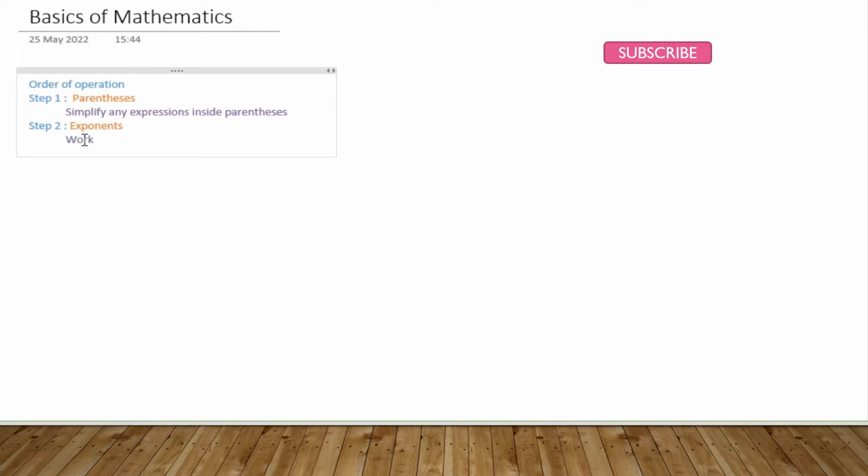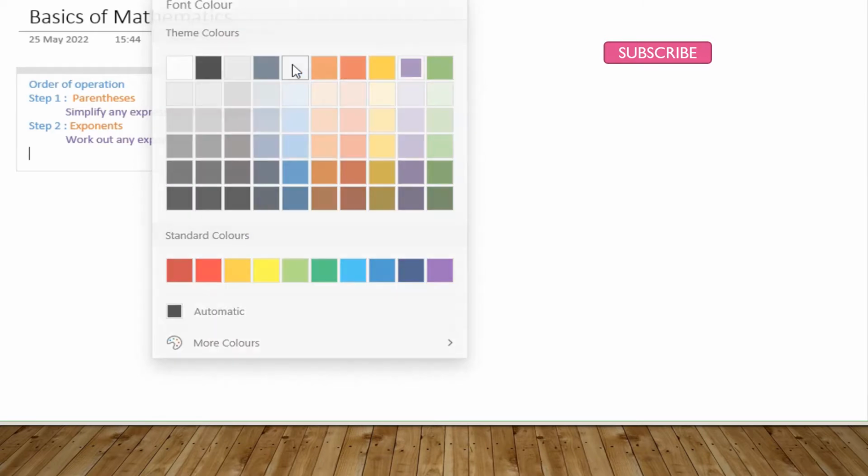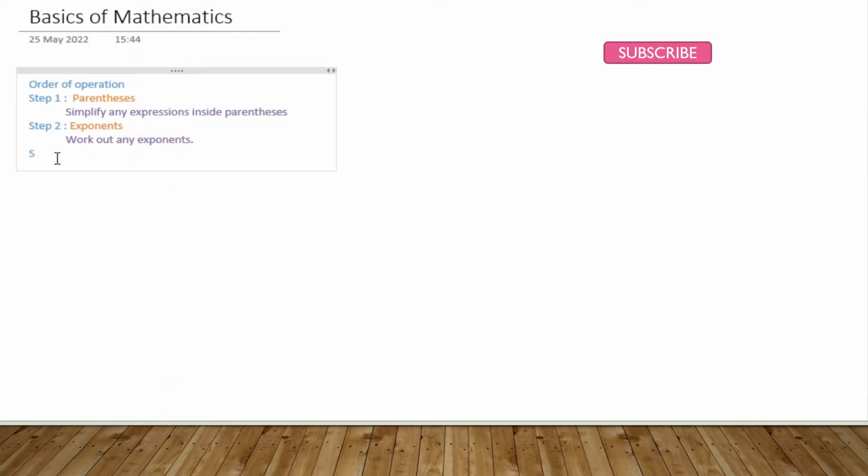Work out any exponents. If any exponents are present in the problem, we have to solve them first of all. Next, step 3.